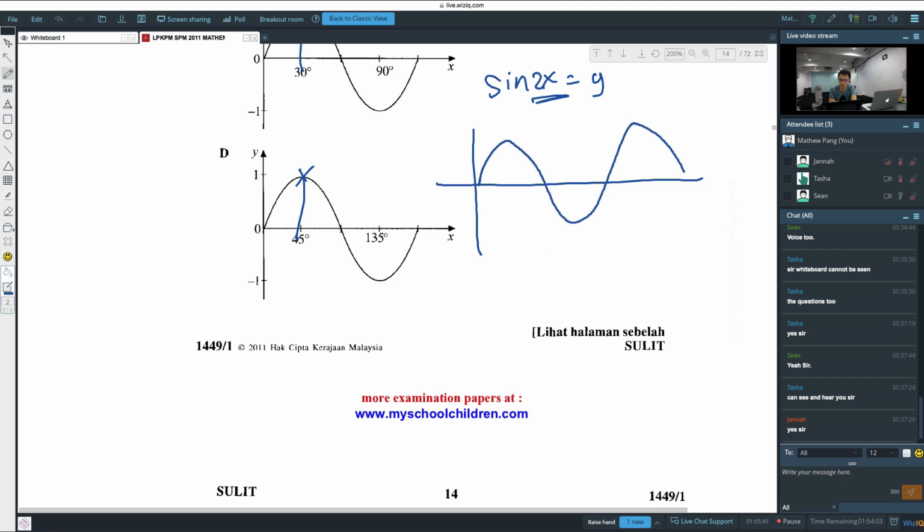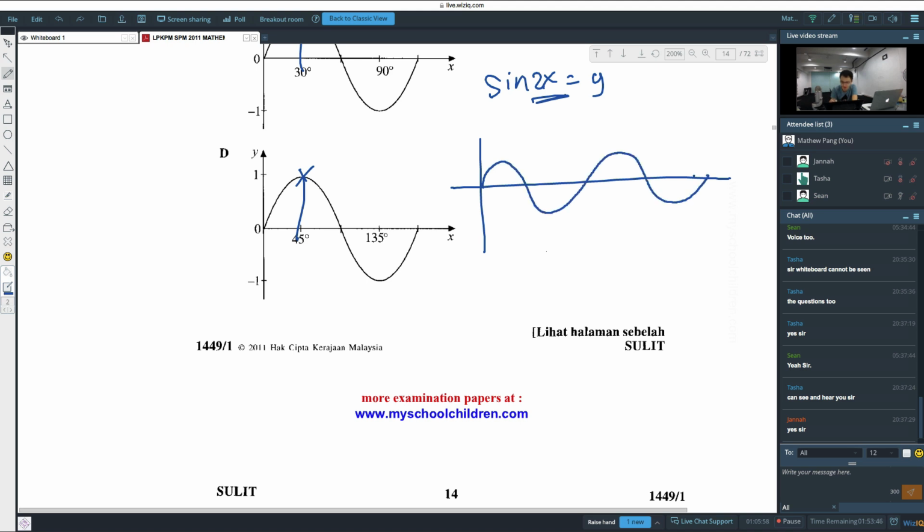Assume the height is the same. It's fine, the drawing is so terrible. Let me draw again. Why is my drawing so bad? Okay, that means in 360 degree over here, you will have 2 cycles.